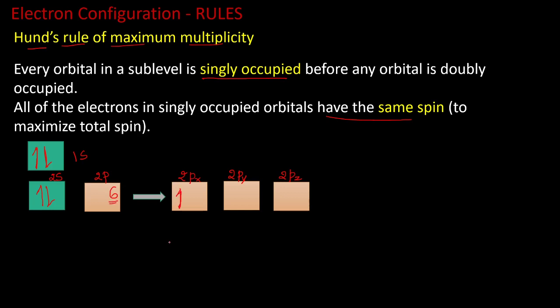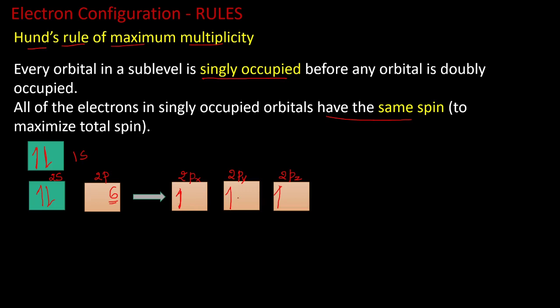Now the second electron, instead of getting filled in the 2px itself, goes to 2py, and please note that it also has the same spin as the electron in 2px. Then the third electron goes and occupies the 2pz here. Now all these 3 electrons are singly occupying the different sublevels, right?